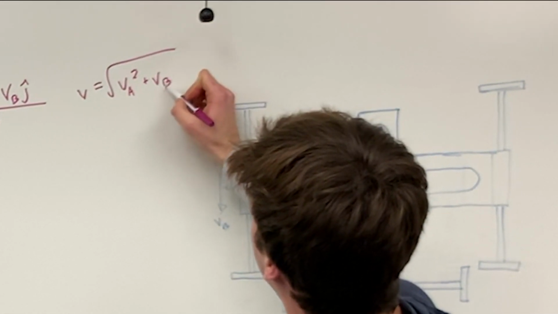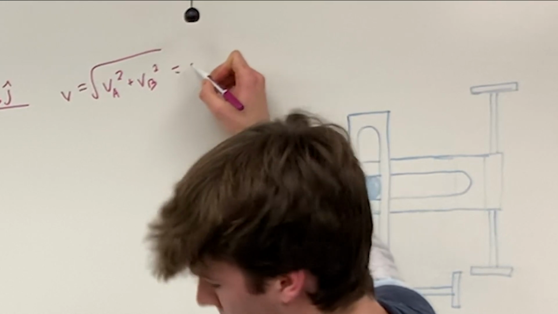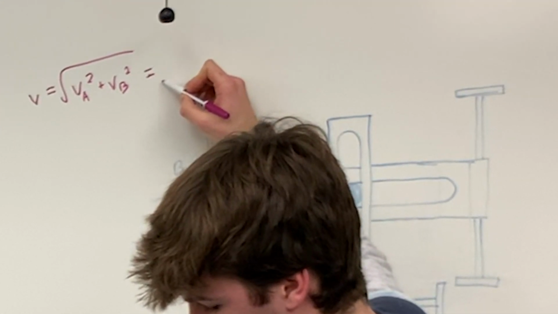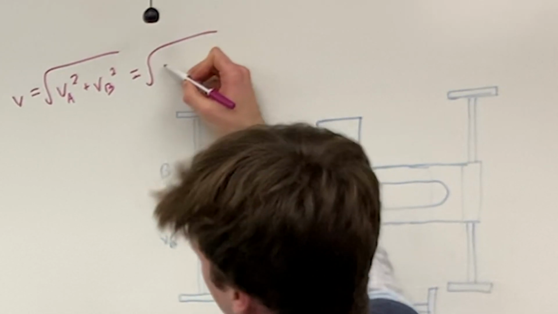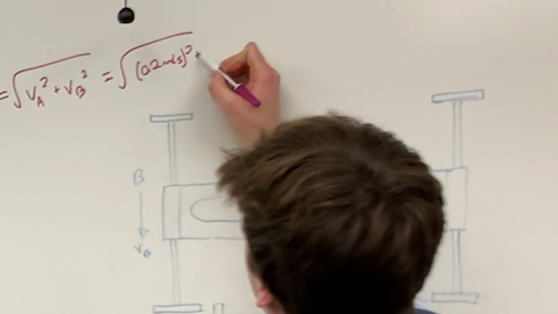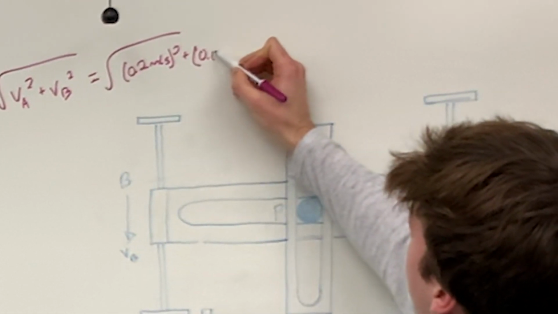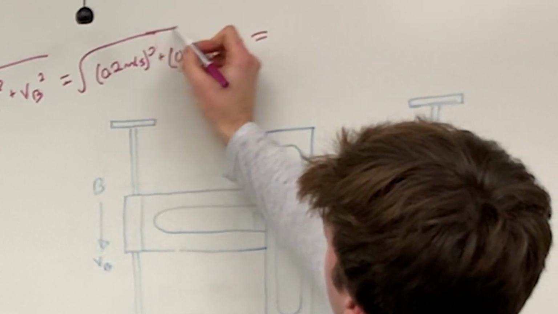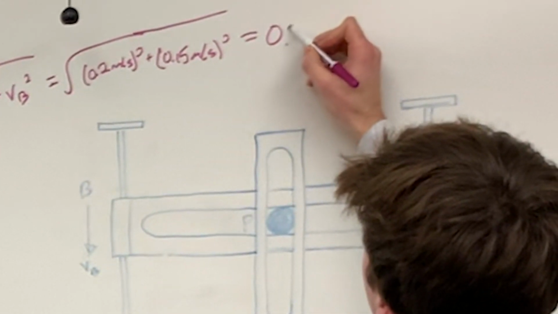So when you plug in those numbers, the magnitude of the velocity vector is equal to the square root of 0.2 squared plus 0.15 squared, and that is equal to 0.25 meters per second.